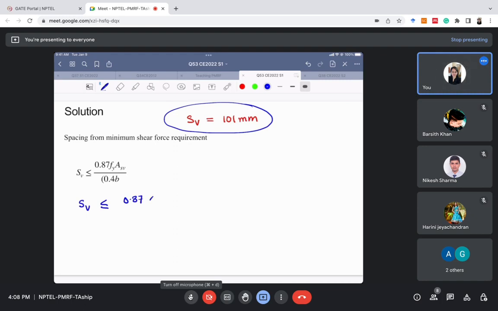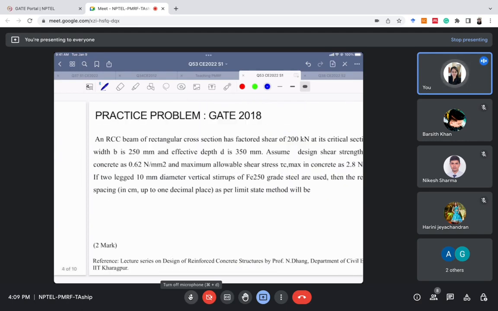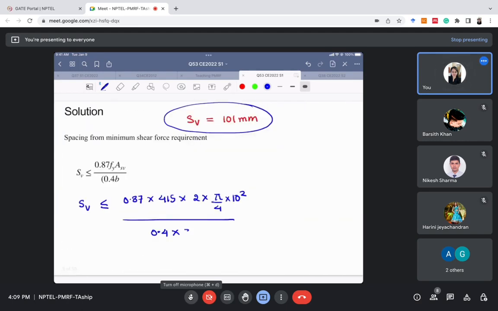0.87 Fy, which is 415, multiplied by ASV, which is a two-legged 10 mm diameter stirrup, therefore twice of pi by 4 d square, divided by 0.4 times b. B in this case is 300 mm.